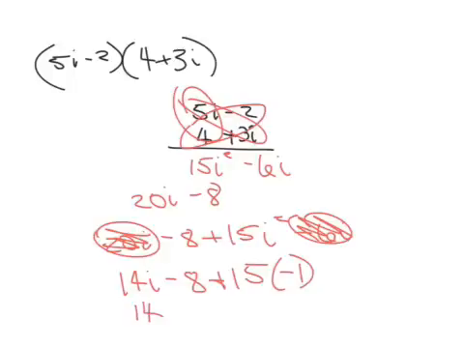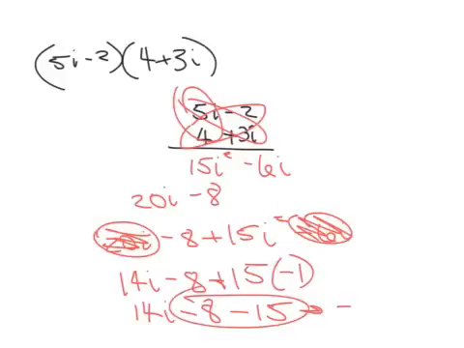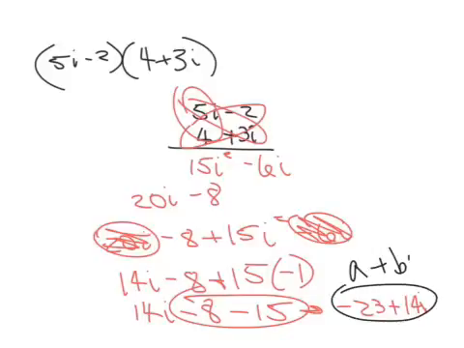So I have 14i minus 8 minus 15, which is actually negative 23. So negative 23 plus 14i if I put it in my standard form of a plus bi, which just means the number first, the number with the imaginary number next, and I'm done. So that is lesson number 64.